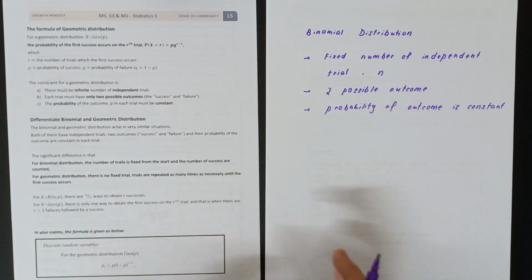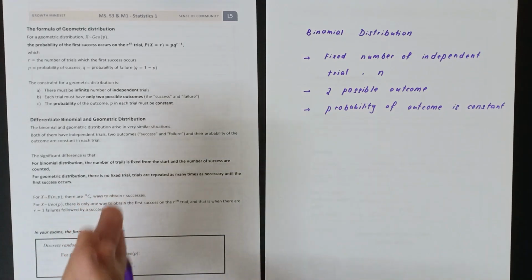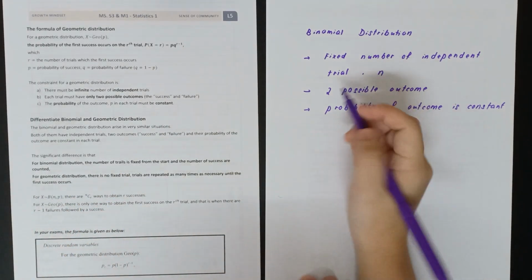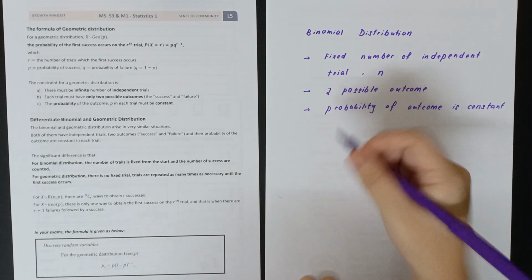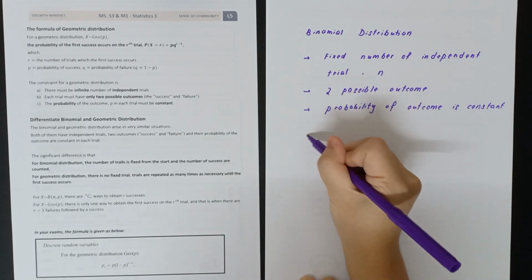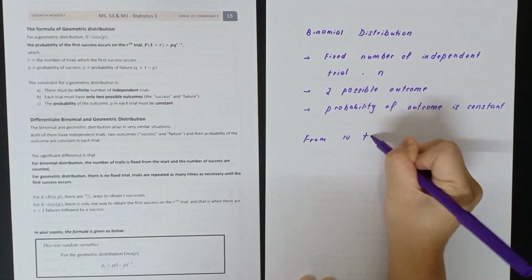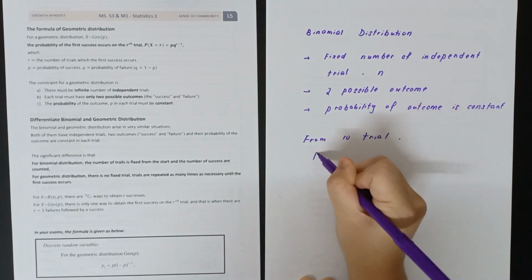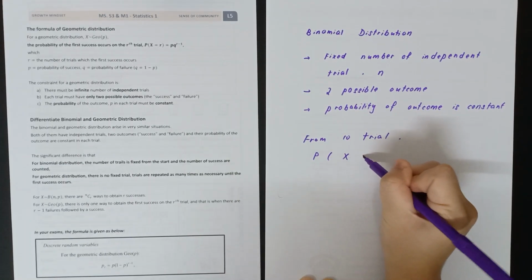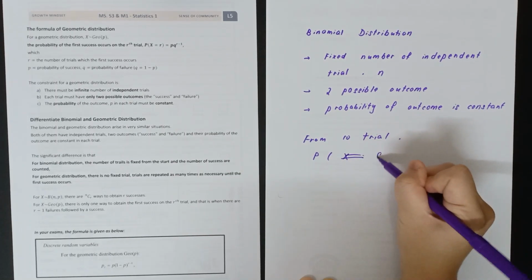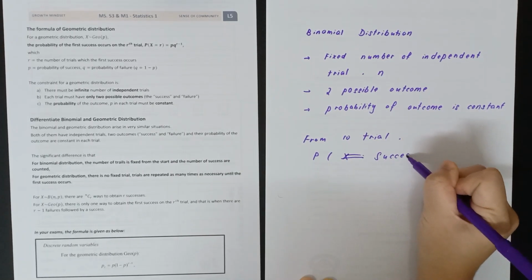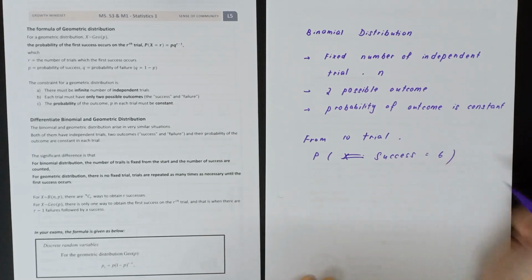Binomial distribution helps you to find how many successes you get out of a fixed number of n. So maybe from 10 trials, I want to find out what is the probability for me to get success 6 times. This will be for binomial distribution.